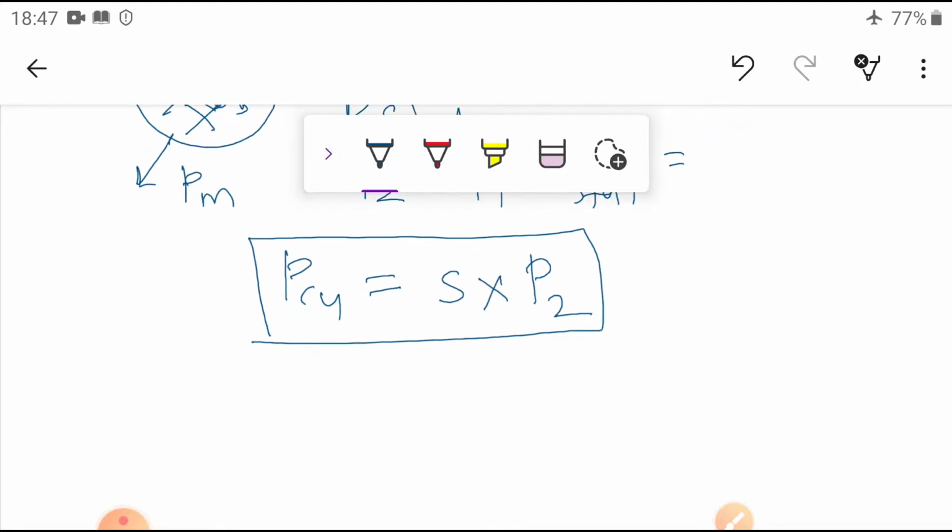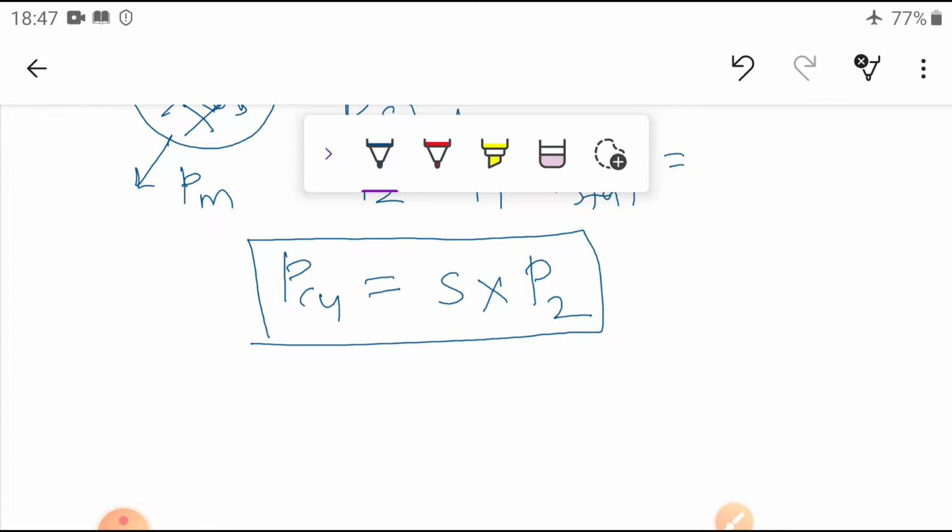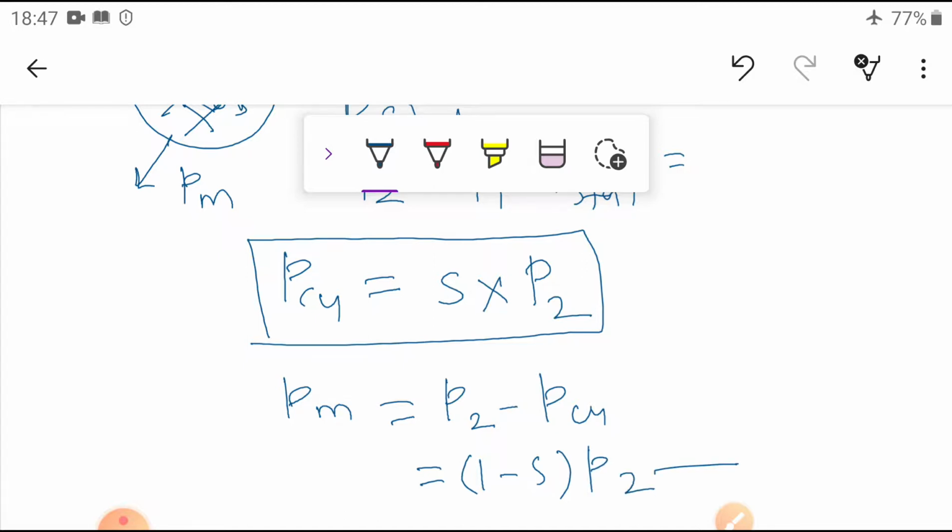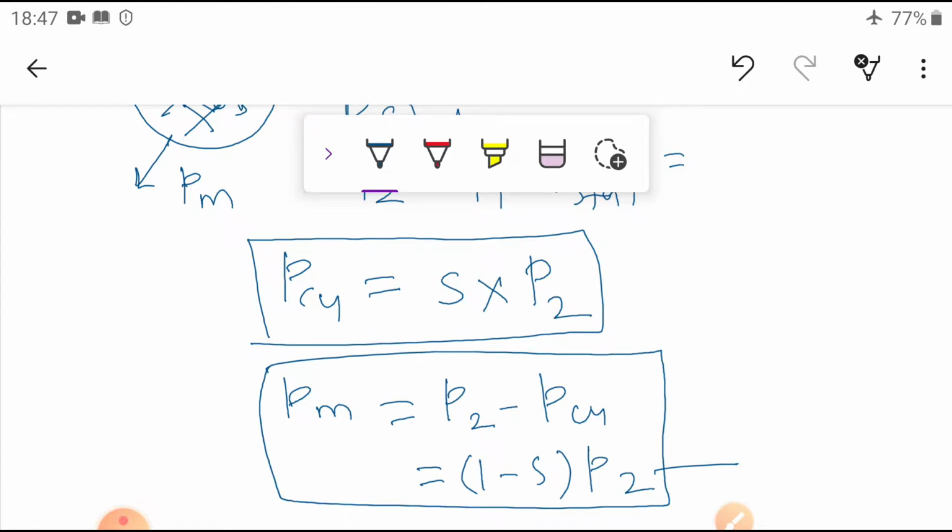At the same time, I want to know PM, which is P2 minus P copper. This is the total input minus copper losses, or I can write it as 1 minus S times P2. This is another equation.